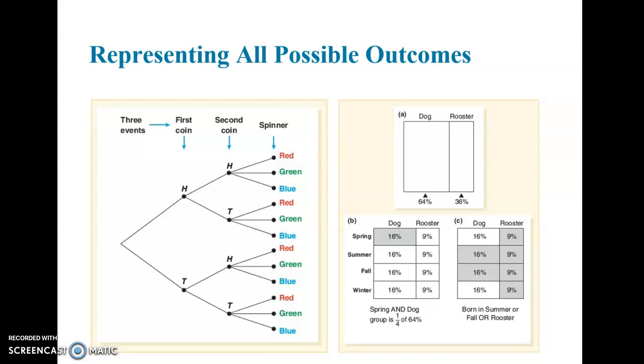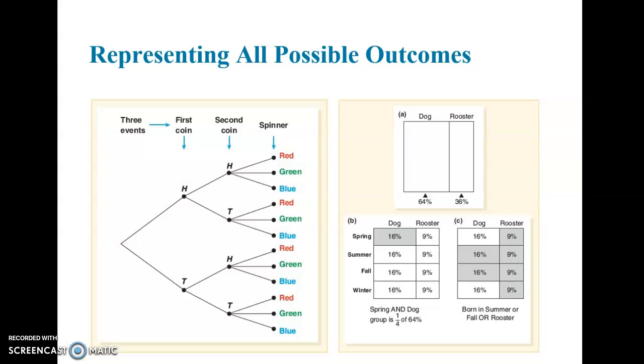Are you a spring dog? In figure B, you can visually see that the students in the year of the dog and spring group make up 1/4 of 64%, or 16%, of the population. In A, this particular illustration finds that 64% of the students in a class were born in the year of the dog and 36% were born in the year of the rooster.